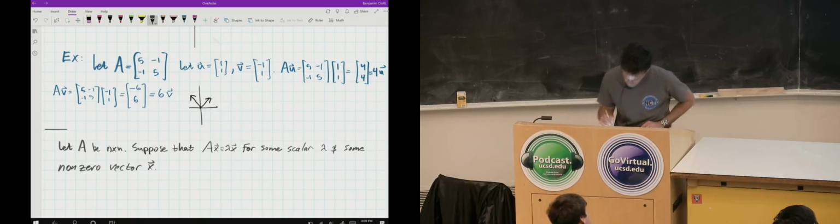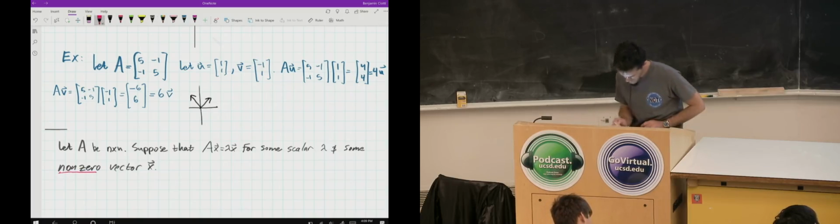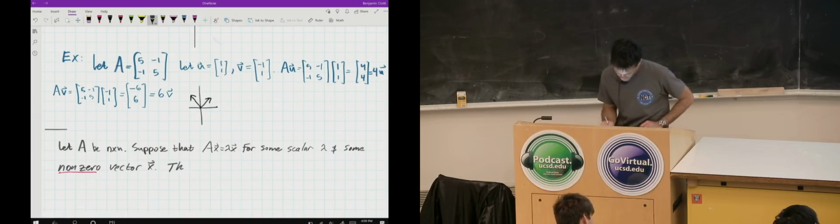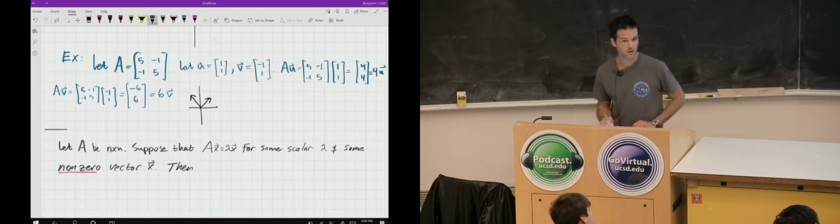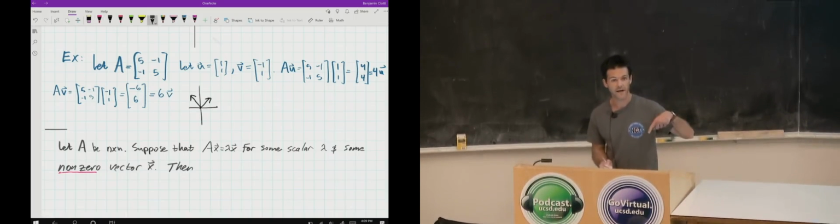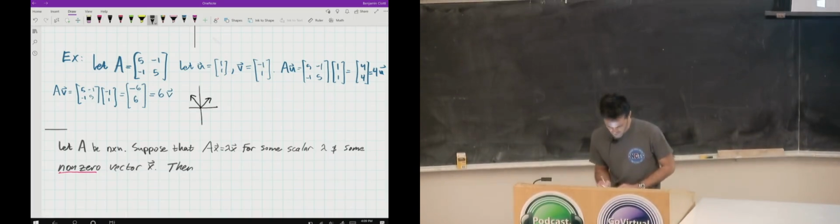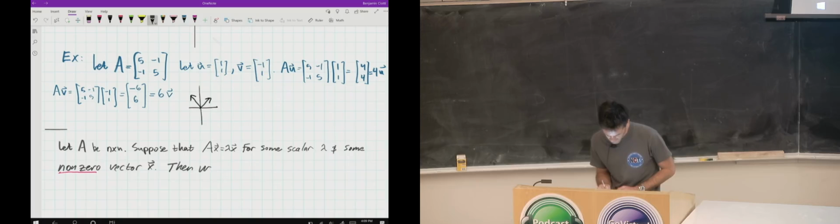The non-zero part is important. And in this case, we call lambda the eigenvalue, and x is the eigenvector that corresponds to lambda.